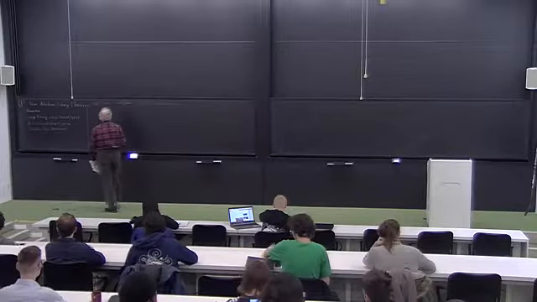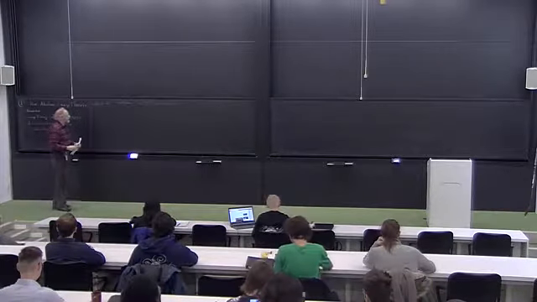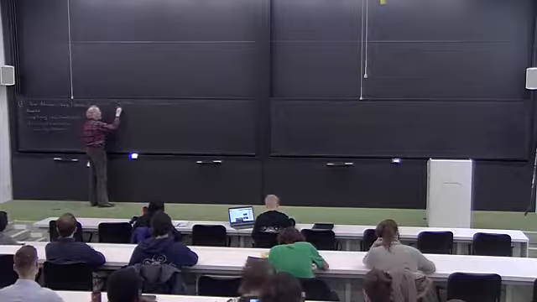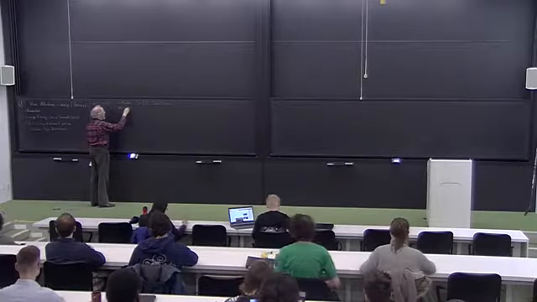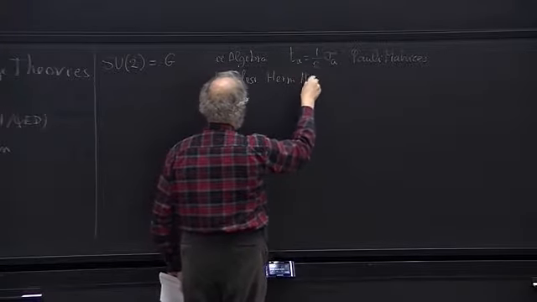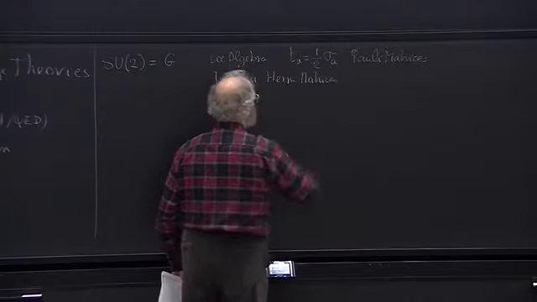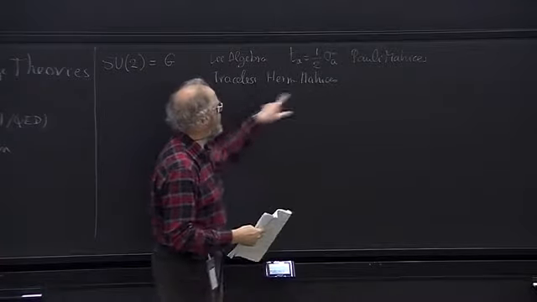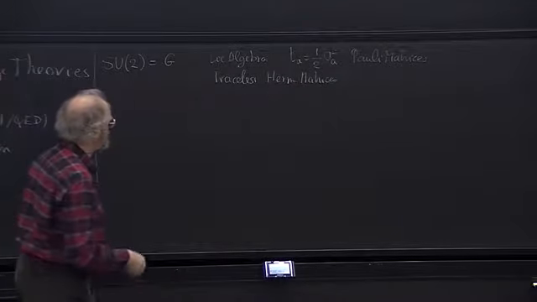Of course, the Lie algebra is just the algebra of traceless Hermitian matrices. You can choose the basis provided by Pauli matrices, so it's dimension 3.